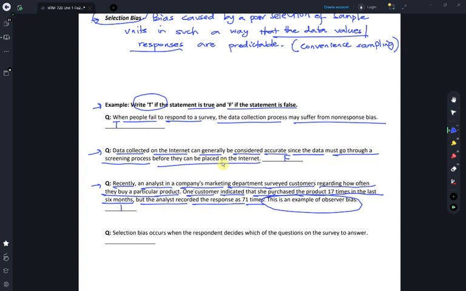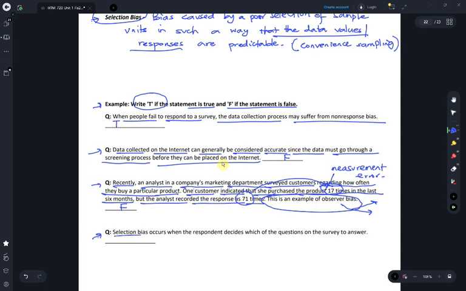That would be false because with observer bias, we must have at least two observers who have observed two different things. And that is what we define as observer bias. In this case, recording 71 instead of 17 will be called in statistics a measurement error, not observer bias.